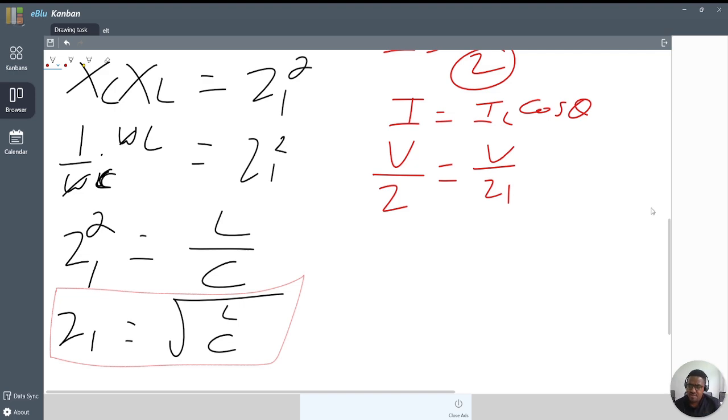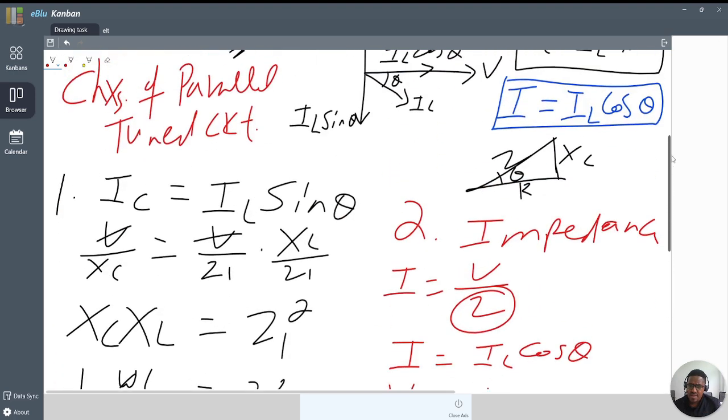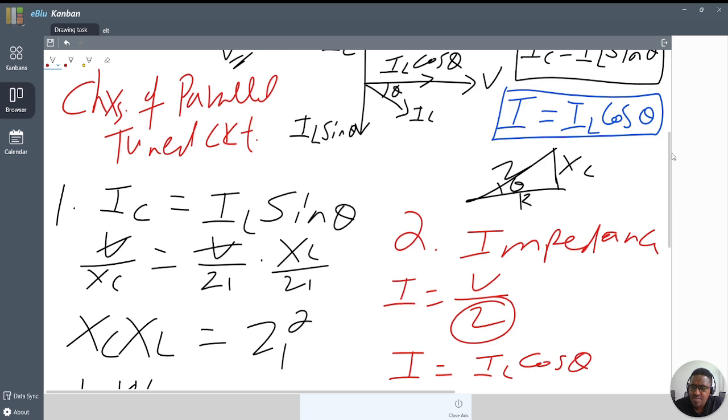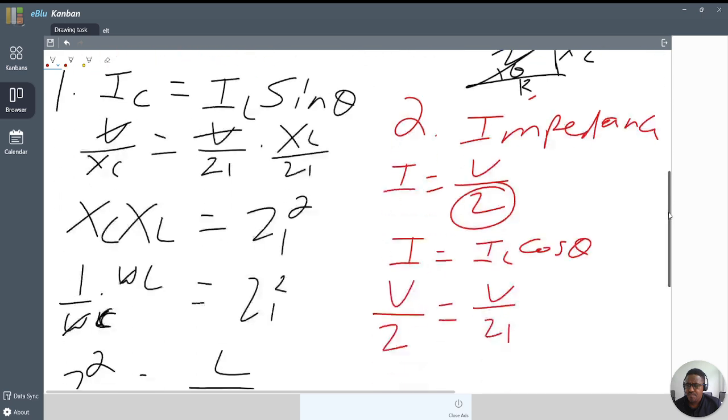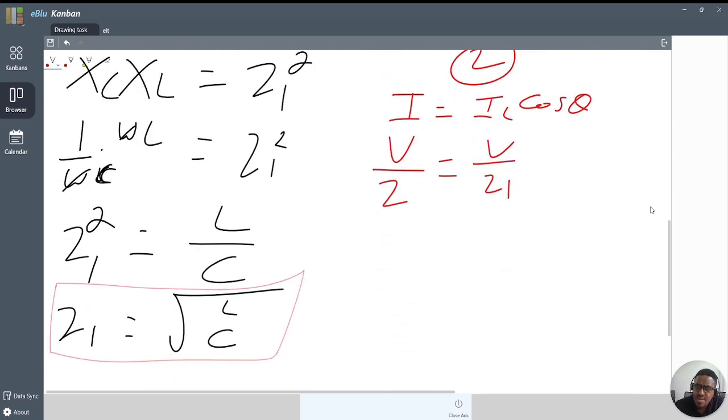Cos theta from the right triangle is adjacent over hypotenuse, so R over our hypotenuse Z1.